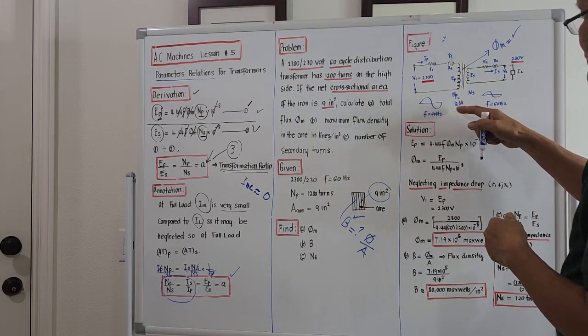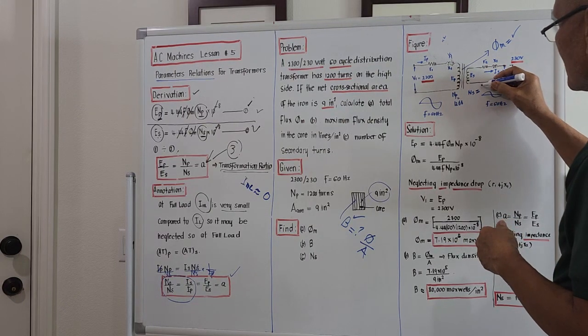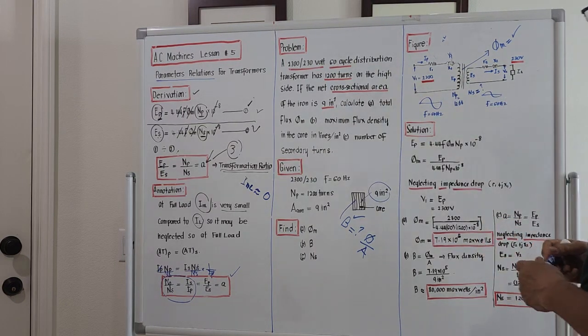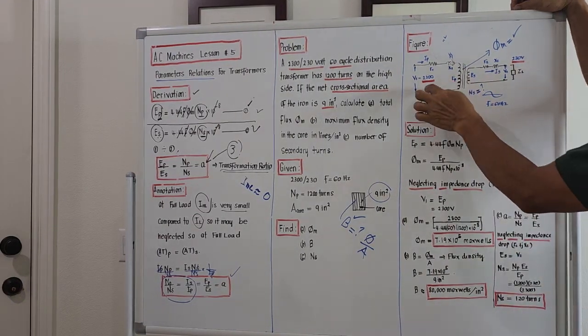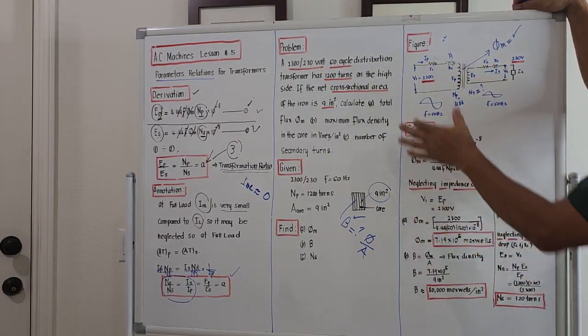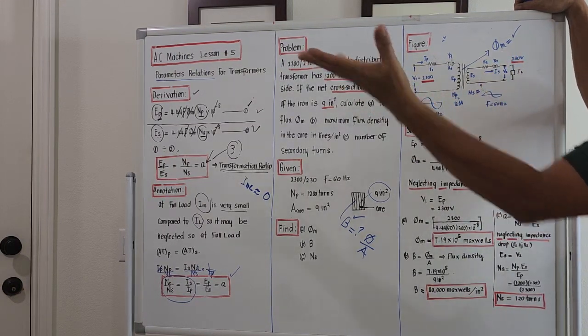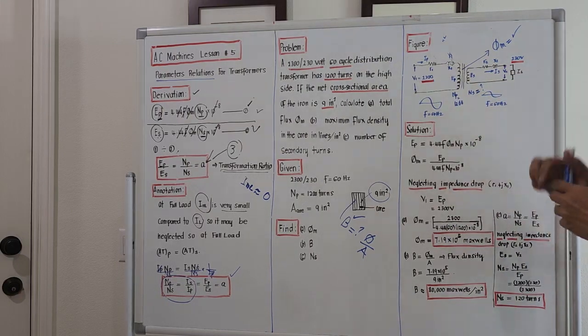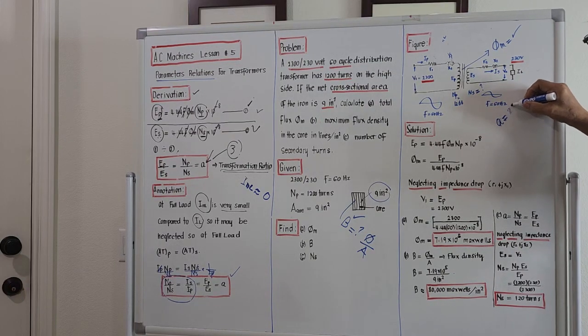If the primary turns is 1200, what will be the total number of turns on the secondary? What do you think, guys? This is a step down transformer, because this is 2300 and this is only 230. So you can conclude that the ratio of transformation, a, is 2300 over 230, which is 10.